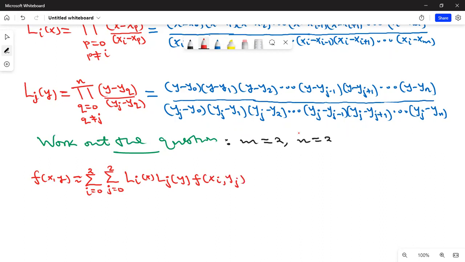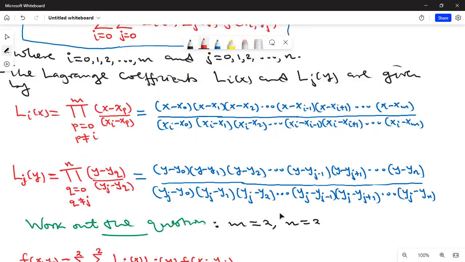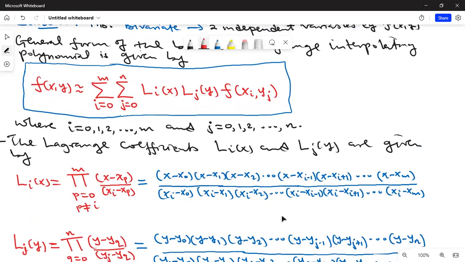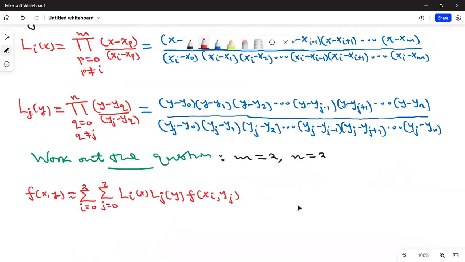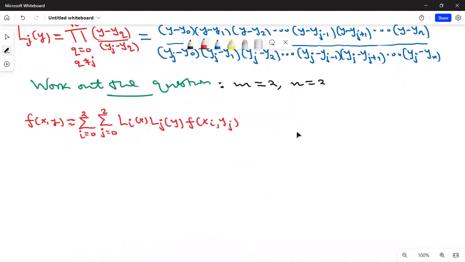Just the same polynomial that I gave you with m and n, but now in this case, we know the values of m and n, 2 in each case.